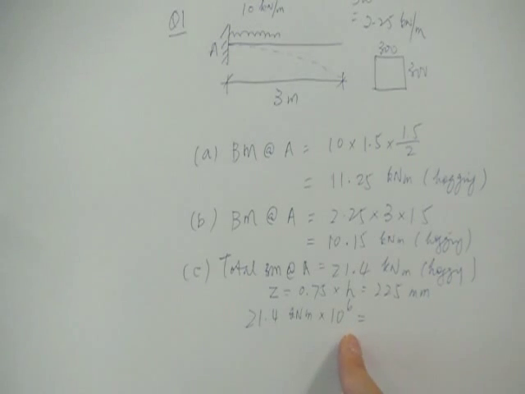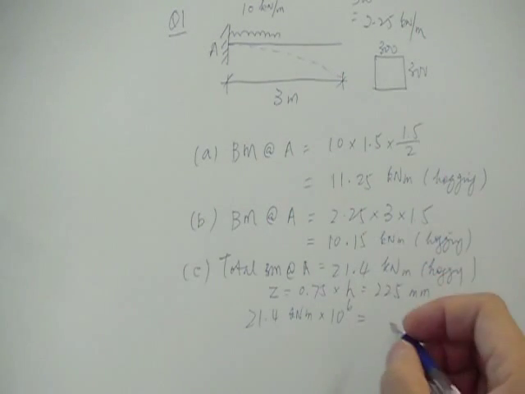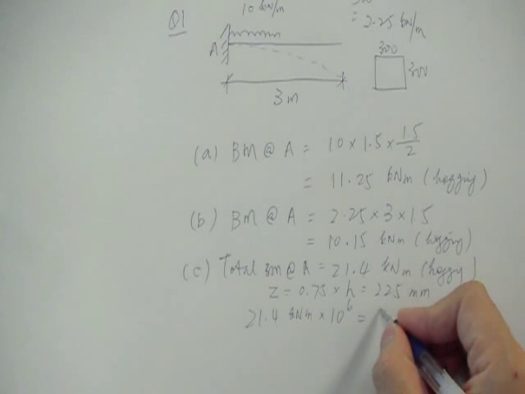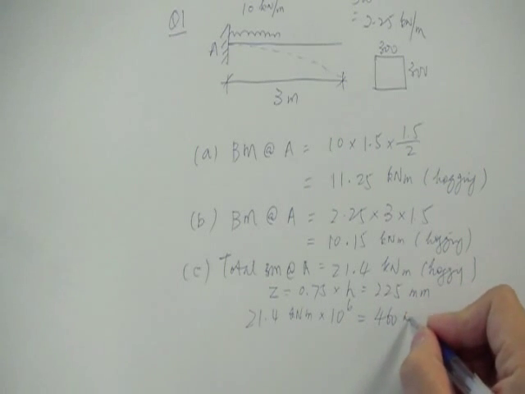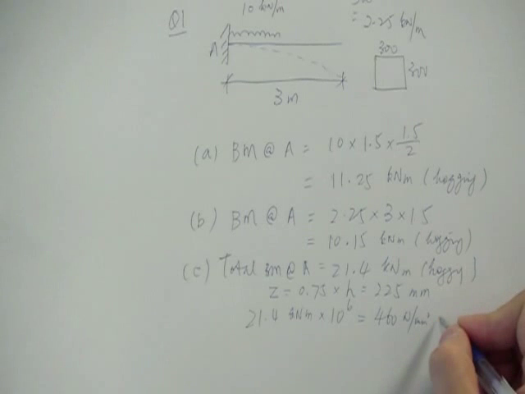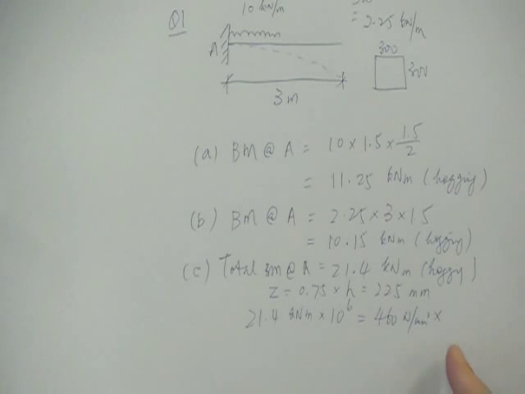That equals the tension in the reinforcement, and that in turn equals the tensile strength of the reinforcement times the number of reinforcement times, let's say you are using T12, 12 millimeters diameter bars. So the area of each bar is just pi times 12 squared over 4.